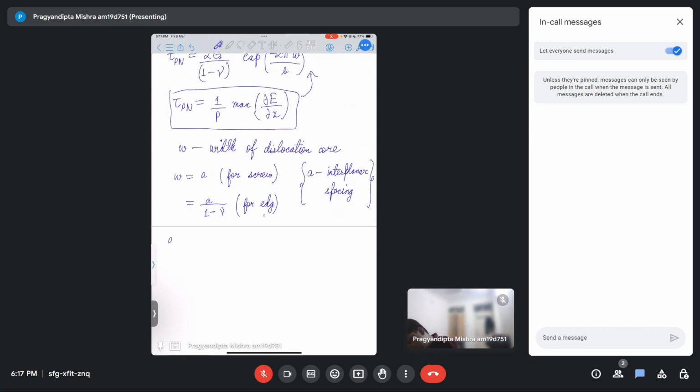Therefore, you can write A should be large if we want lower Peierls-Nabarro energy or tau PN. Now, this can only happen when the glide plane has wider interplanar spacing.